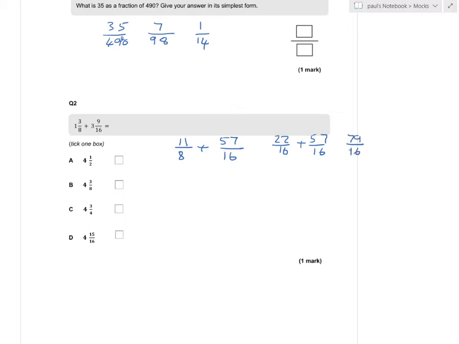So how many 16s go into 79? 16 times 5 is 80, so 16 times 4 is 64. So that's 4 with 64, 15 sixteenths. So that's that one.